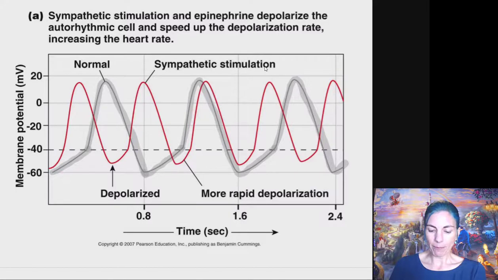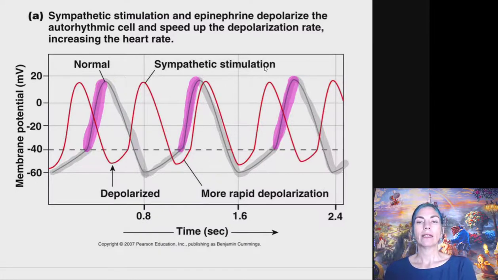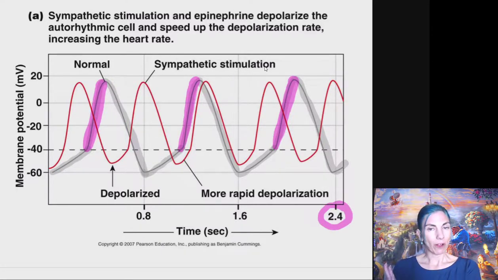And so in this image, you can see that we have 1, 2, and 3 depolarizations. Those are going to correspond to 1, 2, and 3 cardiac cycles in the span of 2.4 seconds.